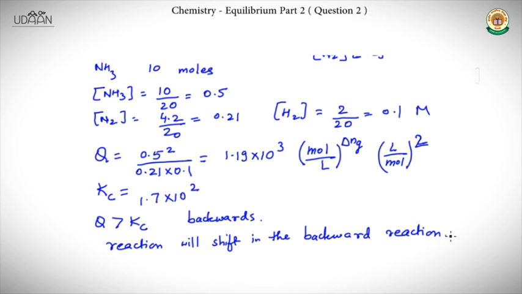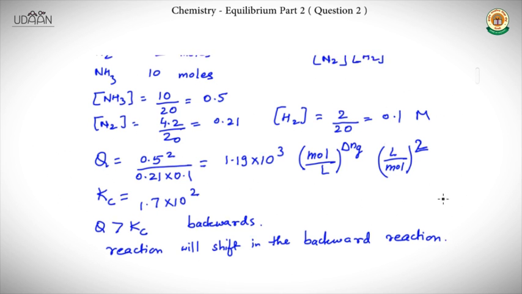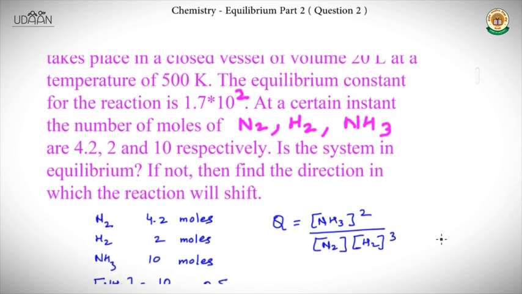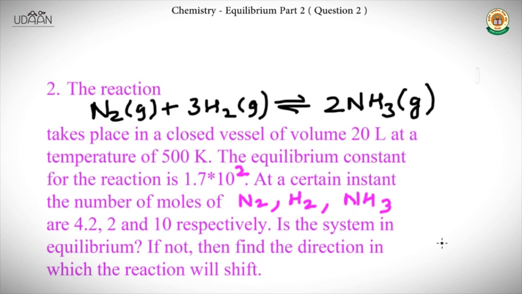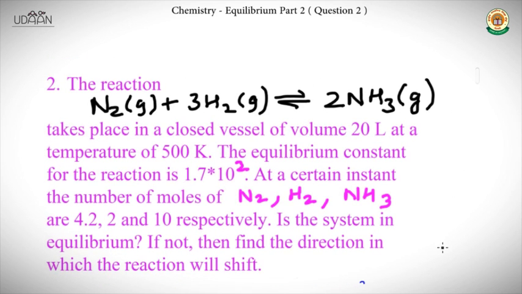So it'll be in the backward direction. This is how we find which direction a reaction is going to go. You need to calculate Q and compare it with Kc, and if Q is more than Kc, then it's going to go backward, otherwise it's going to go forward. So that was question number 2.